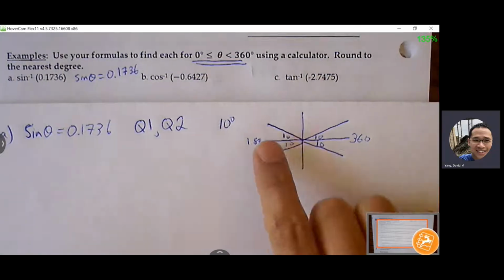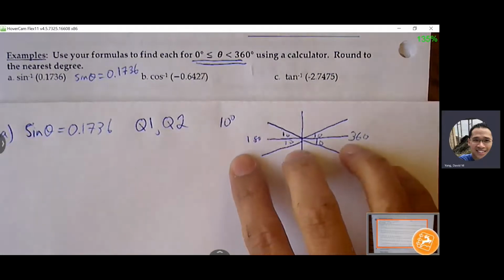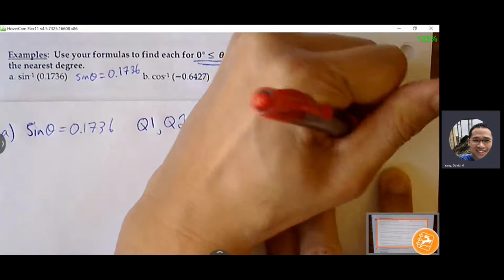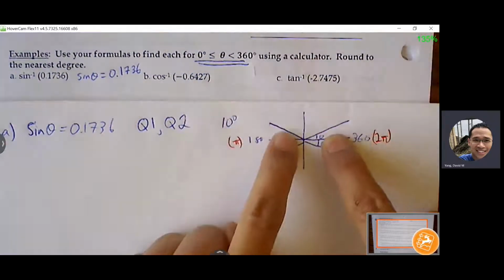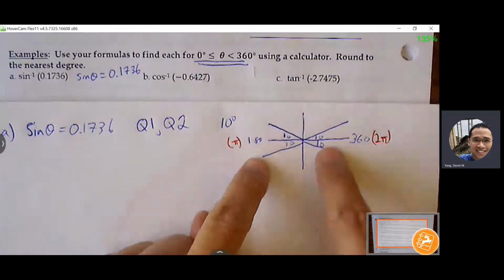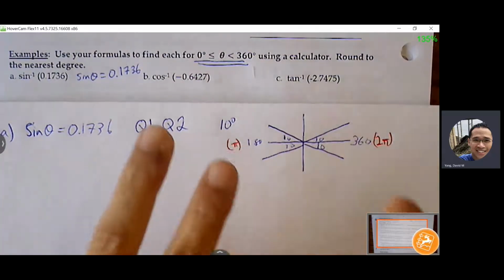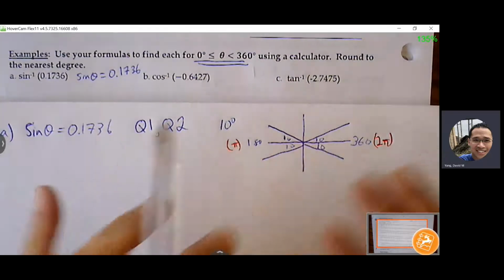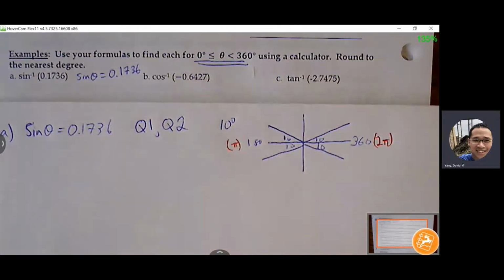Just as a preview, tomorrow we're going to do the same thing, but we're going to be involving pi and 2 pi. These numbers will feel a little bit strange. We get strange decimals tomorrow, but if you have this foundation down, then tomorrow you just do the same thing. The numbers are just a little messier, but nothing is going to change.